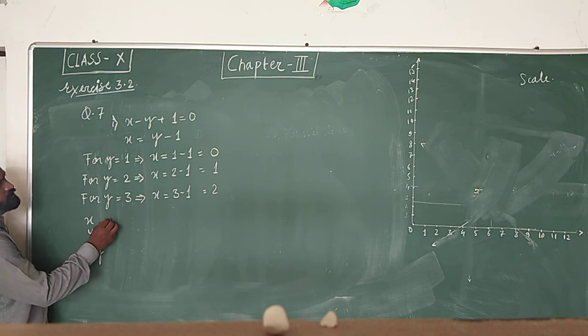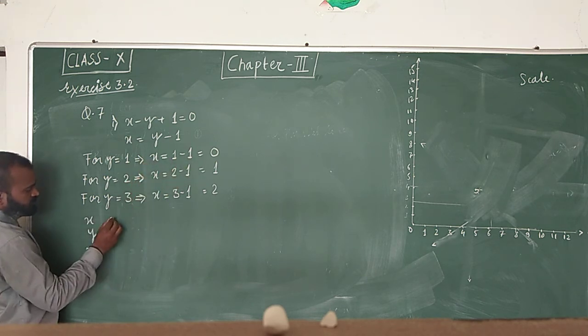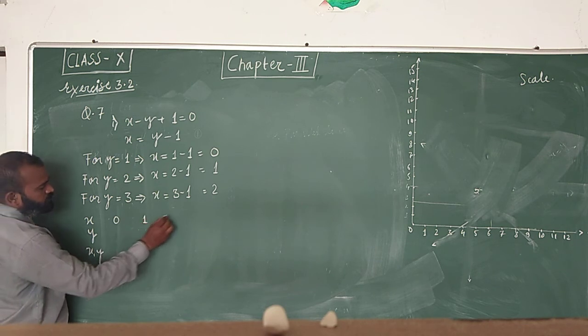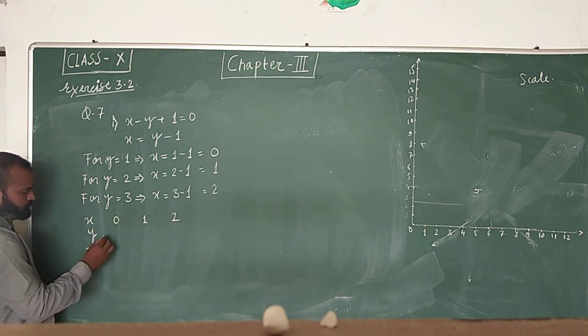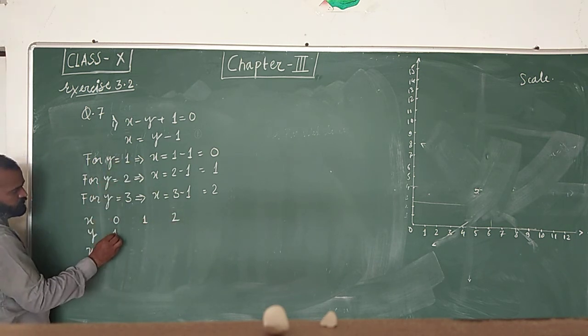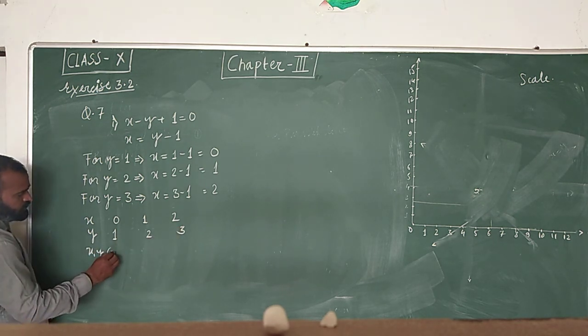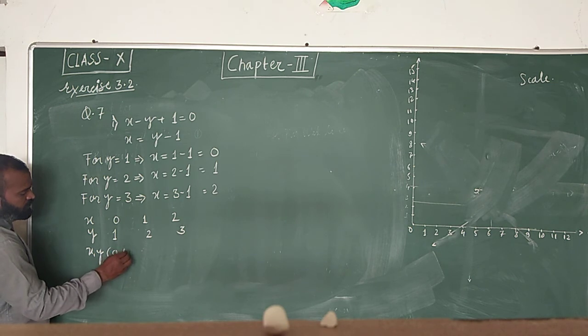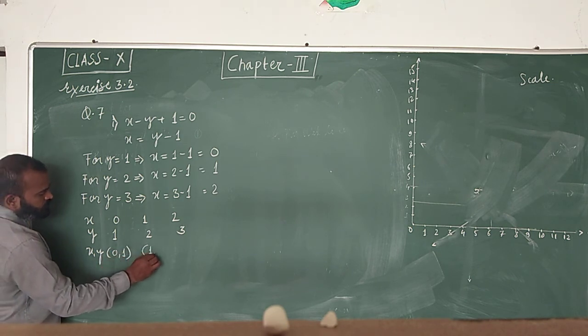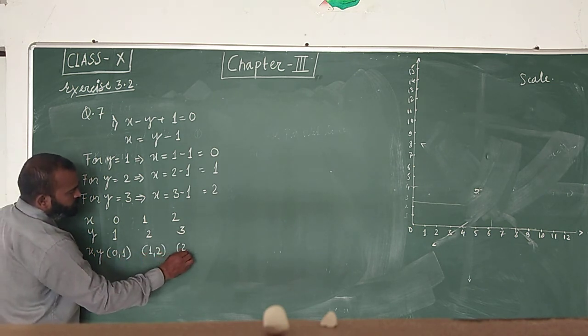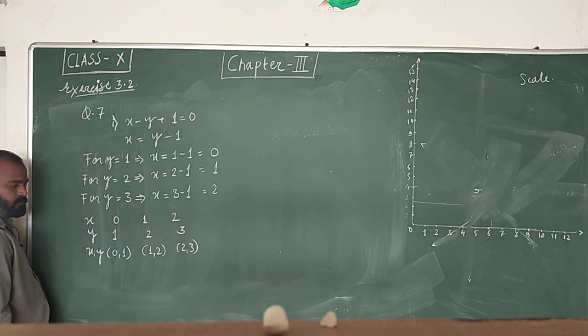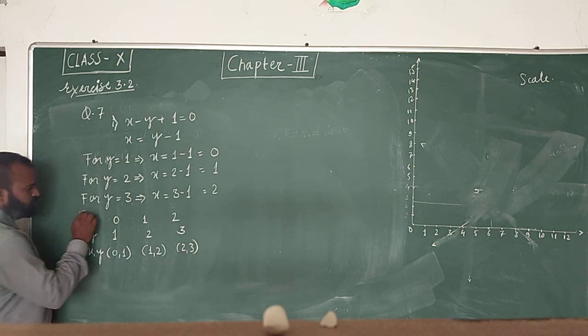The x values are 0, 1, 2. The y values are 1, 2, 3. So the coordinates will be (0, 1), (1, 2) and (2, 3). Okay, so this will be our first table.